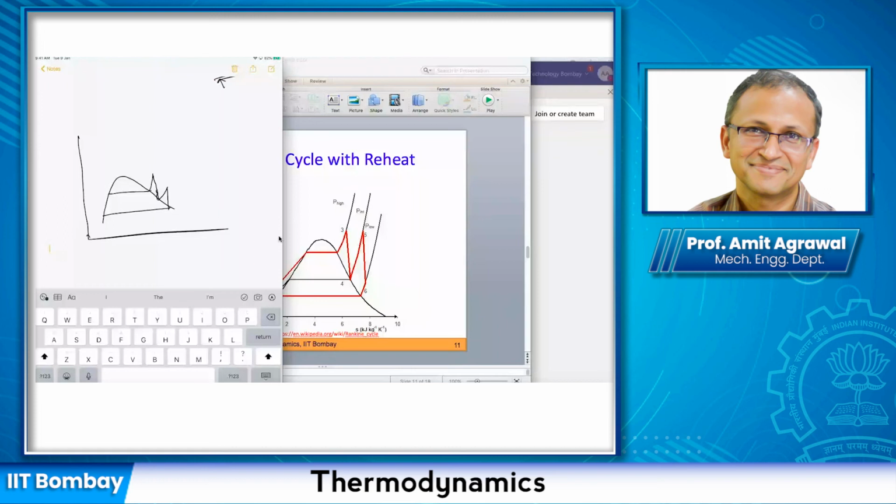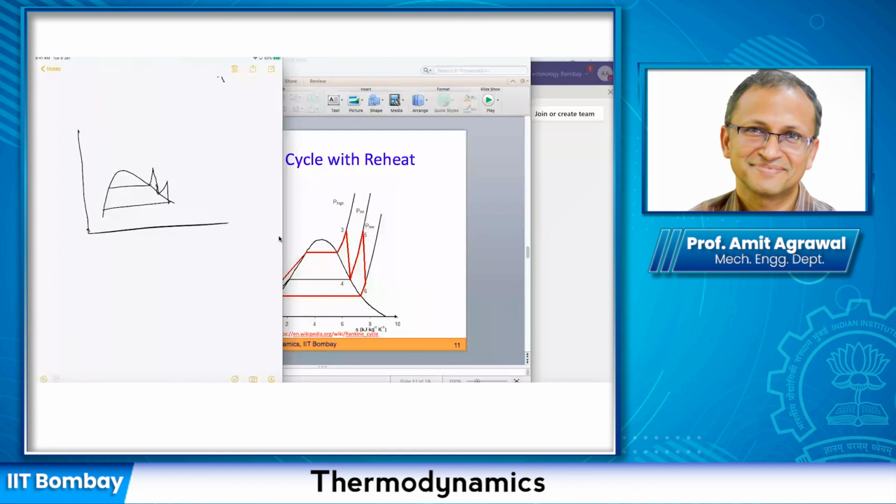So my question was that we are reaching point 6, and then we are taking it along the isobaric line to the dome. But instead of that, if we take it vertically down, and then we can exhaust at a lower pressure, so that will improve our efficiency, right?